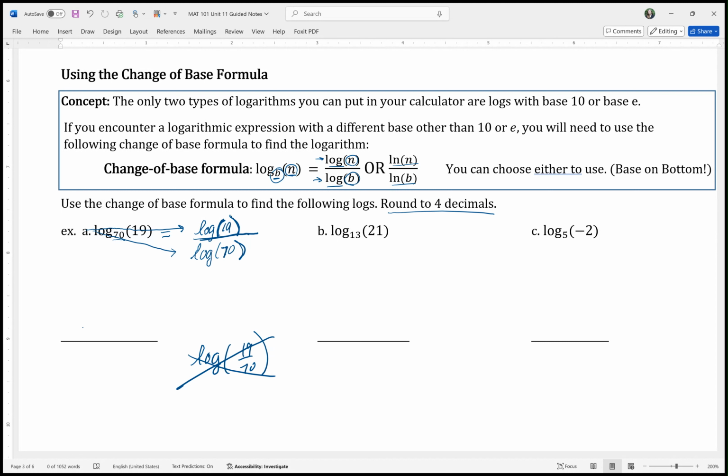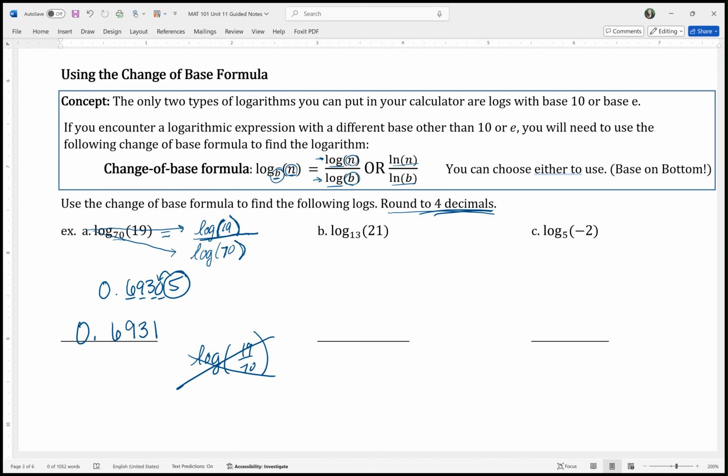This is going to give me 0.69305. Okay, and if I'm rounding to 4 decimals, 1, 2, 3, 4, looking at the fifth to determine the fourth. If that number is 5 or higher, we are rounding up 1, and it is, so this is going to be 0.6931. Okay, let's move to our next one.